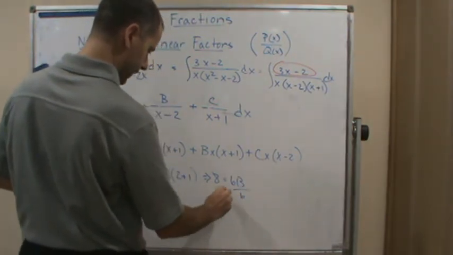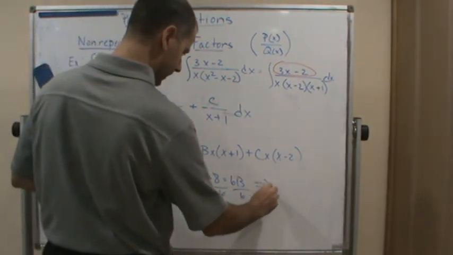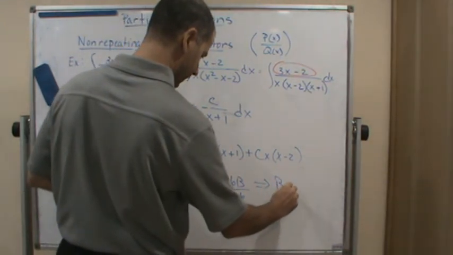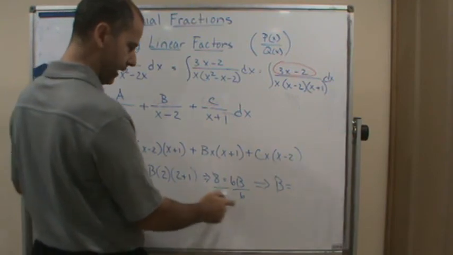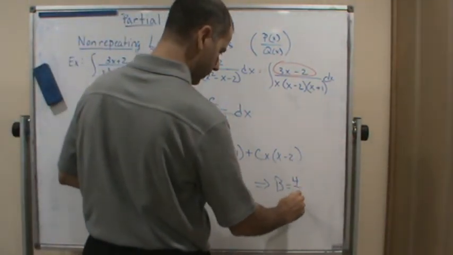I divide both sides by 6 and get B equals 8/6, which simplifies to 4/3.